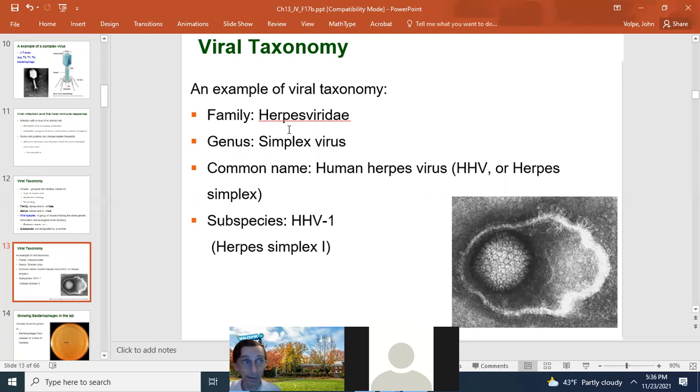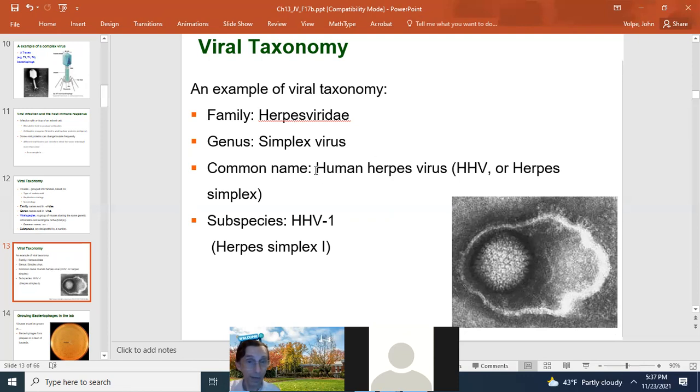Like there's animal viruses and plant viruses, and then they might be grouped into an order, and then they're grouped into family. And as I mentioned, Herpesviridae is the family name for the herpes family. And then the genus for Herpesviridae would be the simplex virus. And the common name for that, meaning there's 2 names for the simplex virus or human herpes virus.